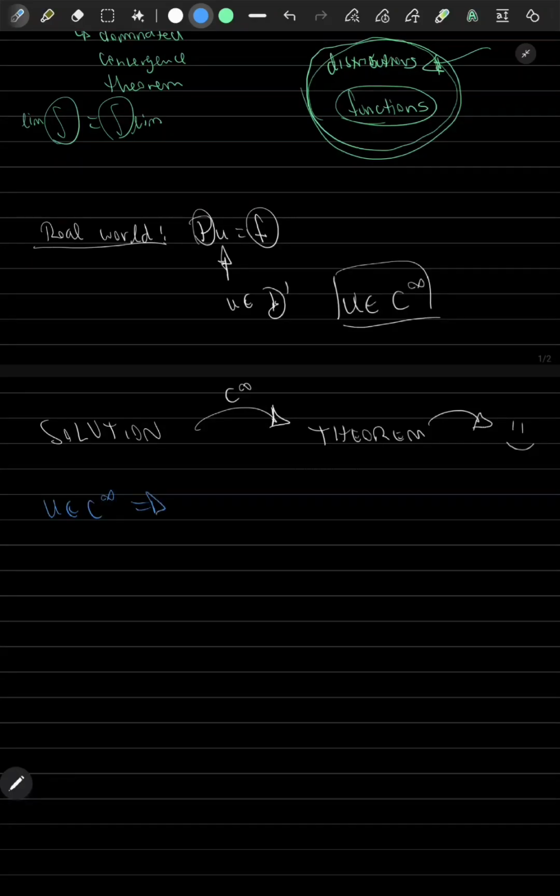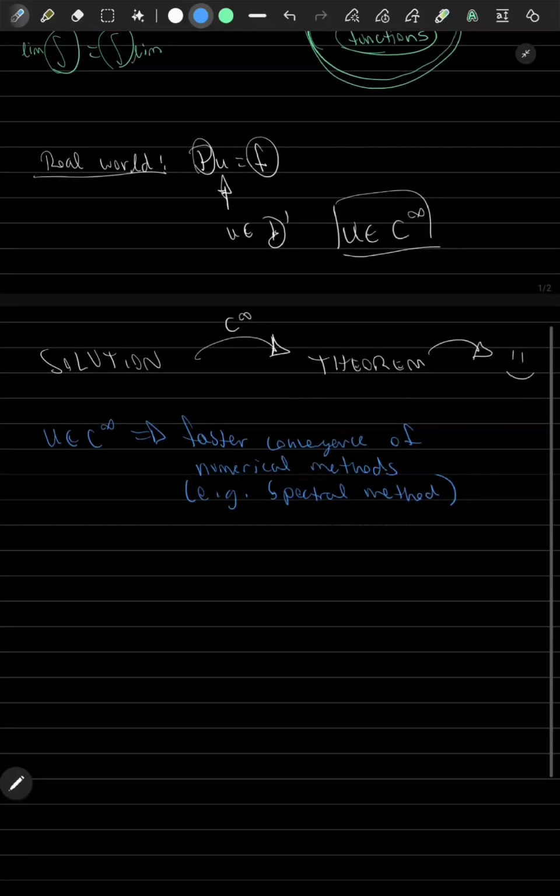So that U is smooth implies faster convergence of numerical methods, depending on the method. So I'll give an example, for example, the spectral method. If we can determine that the solution is of a certain regularity class, then we can have faster convergence of the method.